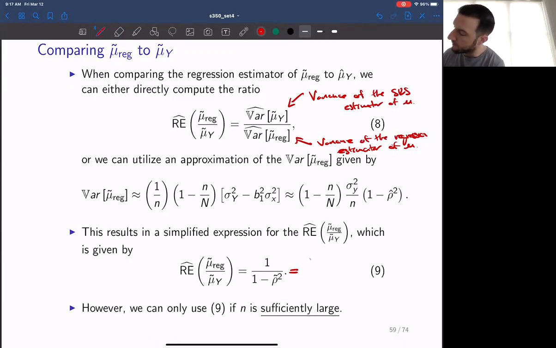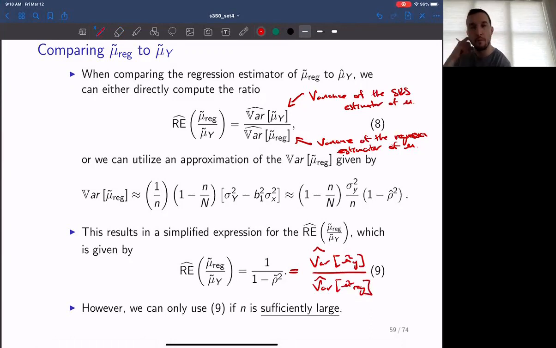And that would mean that this is an approximation of the variance of mu tilde y divided by the variance of mu tilde reg. And it's helpful to remember the structure of the variance expression or the variance fraction when working with the relative efficiencies, because this can help us to correctly interpret the result that we get from this particular set of work.